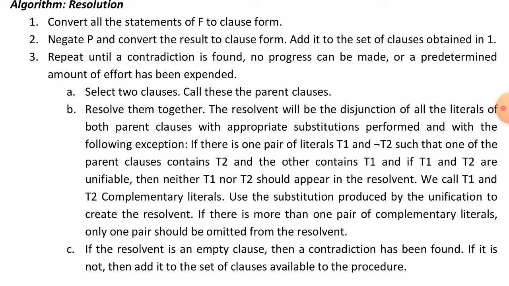So one parent node contains the T2 literal and another contains the T1 literal, and if T1 and T2 are unifiable, then neither T1 nor T2 should appear in the resolvent. In this algorithm, two such literals cannot both be true at the same time: if T1 is true, then T2 is false.